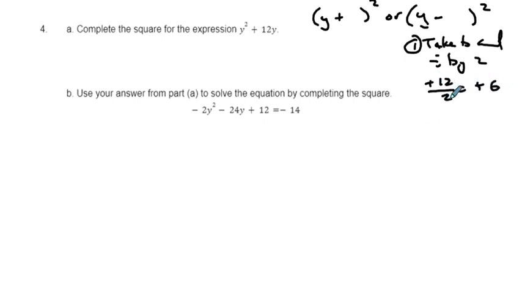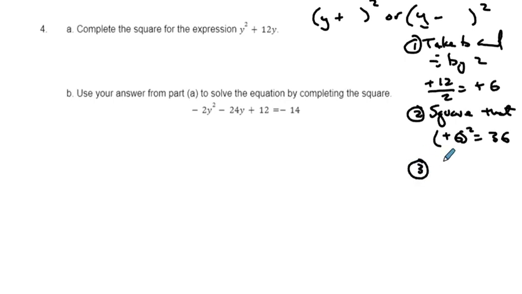Then your second step is to square that. So you go positive 6 squared, and that gives you 36.